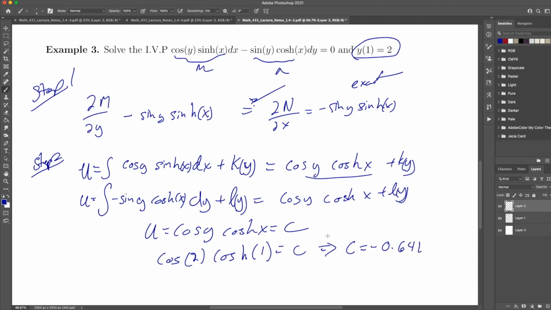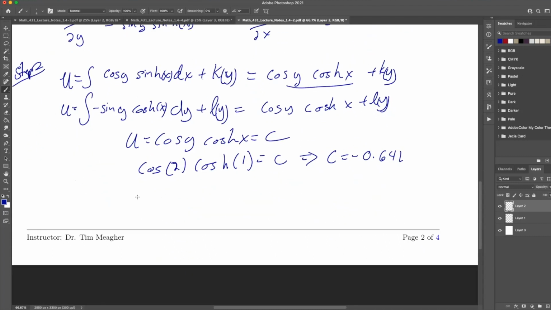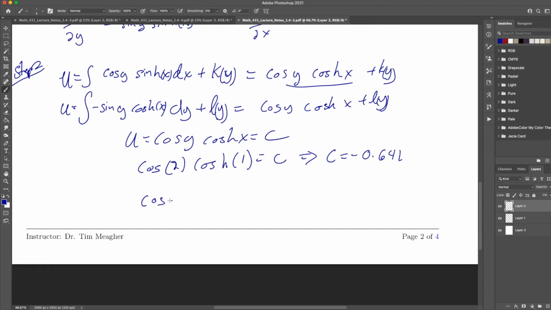And then you can write down your final solution here, that cosine of y times hyperbolic cosine of x equals minus 0.64. And this one you can actually solve for y if you wanted to. You could say y equals the arc cosine of minus 0.64 over hyperbolic cosine of x.